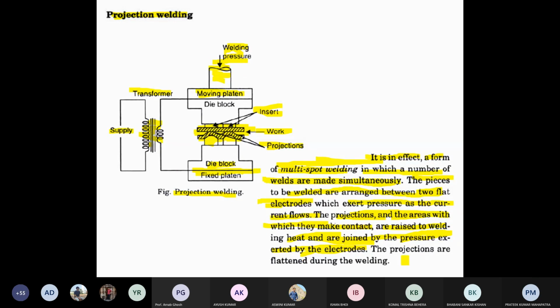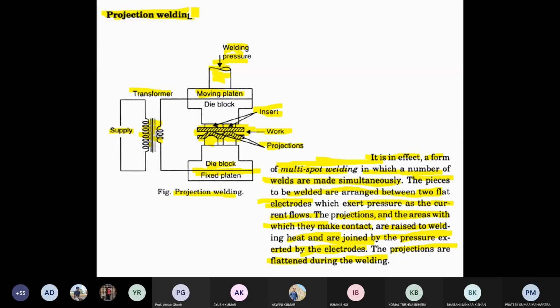The projections are flattened during the welding. So here multiple spot welding will be there. One workpiece is fixed, another is movable. The portion that is bending and touching the surface is the only portion that is welded. So I think you understand what projection welding is.